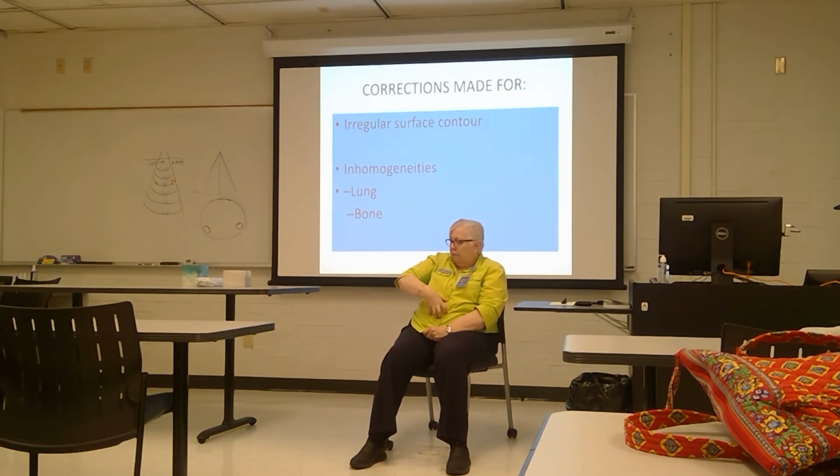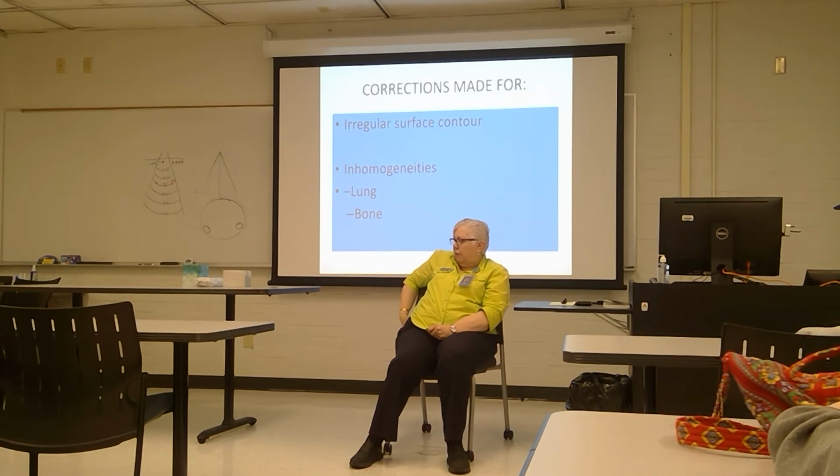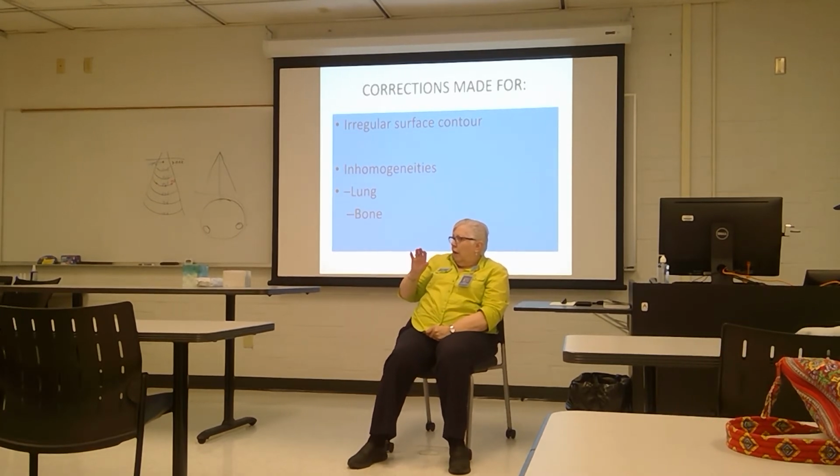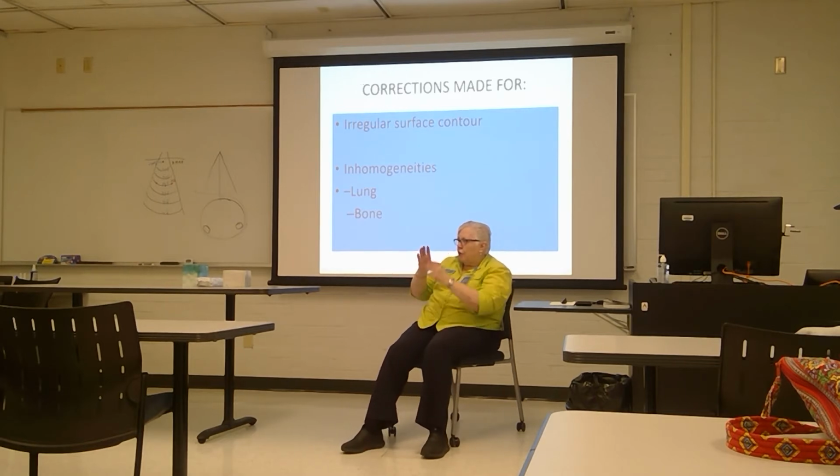You do 1, move the gantry around, do another, move the gantry around, do another. If there are no subfields, that's 3D conformal. So you would set your MLCs to the shape that you wanted, treat, and then move.